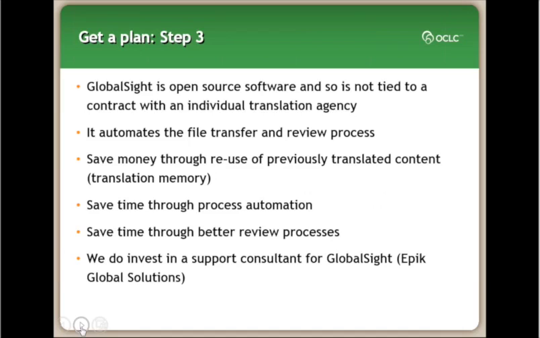It's open source software and so is not tied to a contract with a particular agency. And again, that freedom of being able to go to whatever agency or internal translator we wanted to is very important to us. Global Site automates the file transfer and the review process.